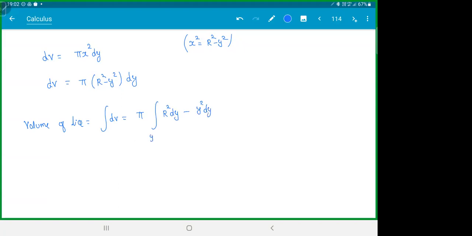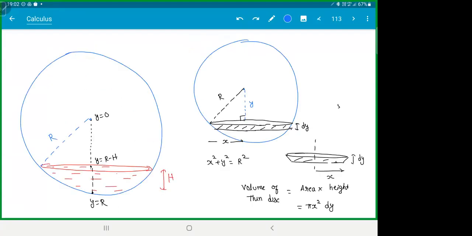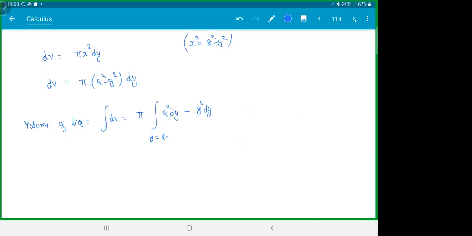Y's limits will be, look at this thing, the water is starting from r minus h, water is ending at r, because y is the distance from the center to the liquid surface. Y is the distance from center to the disk. So the first disk will occur at r minus h and the last disk will occur at r. So limits will go from y is equal to r minus h to y is equal to r.